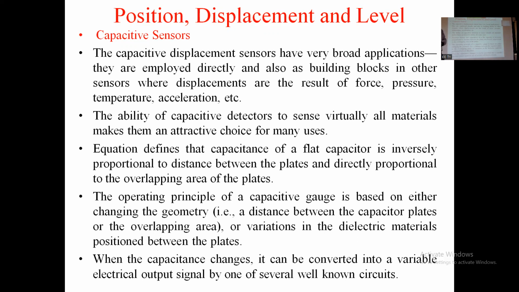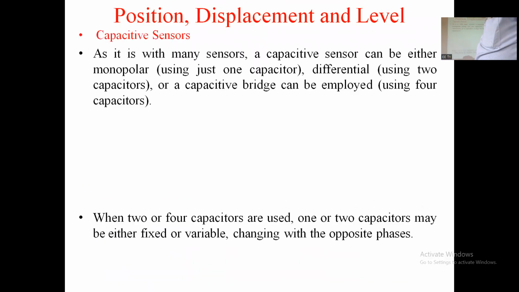This capacitance will be converted into a variable electrical output signal by using one of the well-known circuits. The variable electric signal is either in the form of voltage or current. So the change in voltage output occurs with the sensor because of distance or cross sectional area.